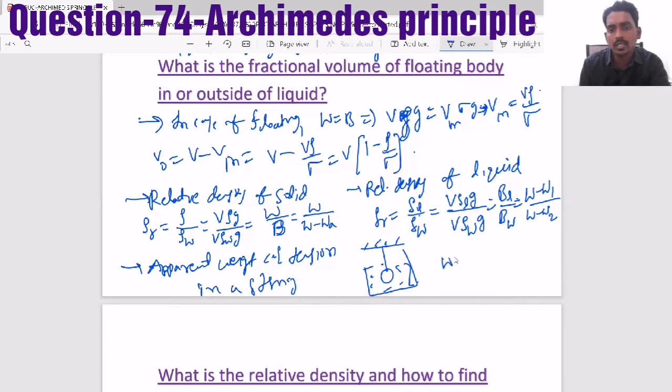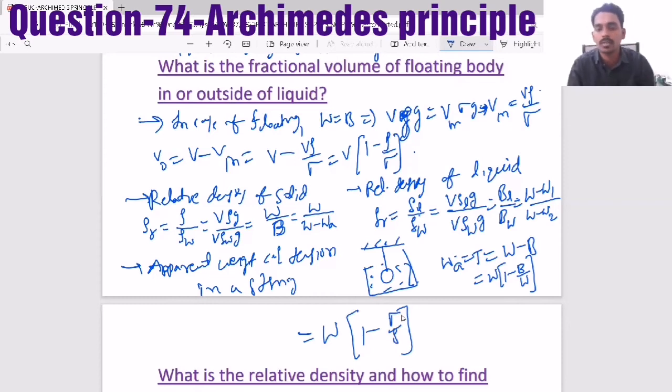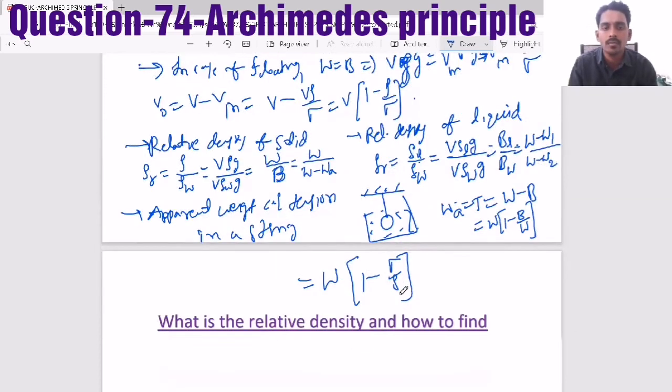Then the tension is nothing but apparent weight, that equals W minus B, where W is true weight and B is buoyancy force. So this formula based question also they can ask. Also 1 minus B by W equals 1 minus sigma by rho, where sigma is density of liquid, rho is density of solid.